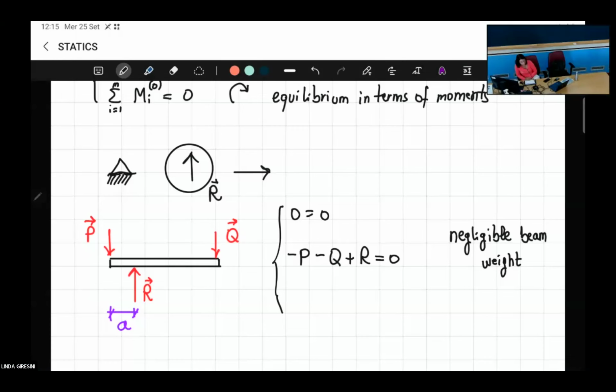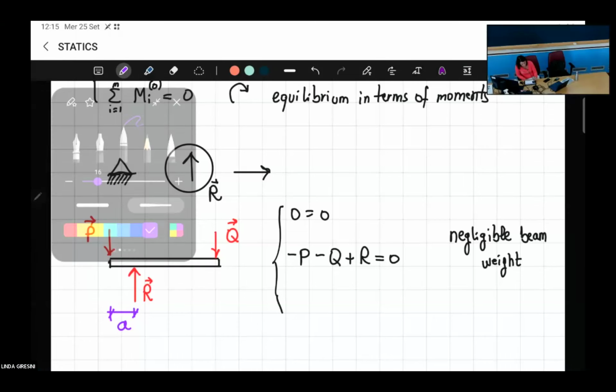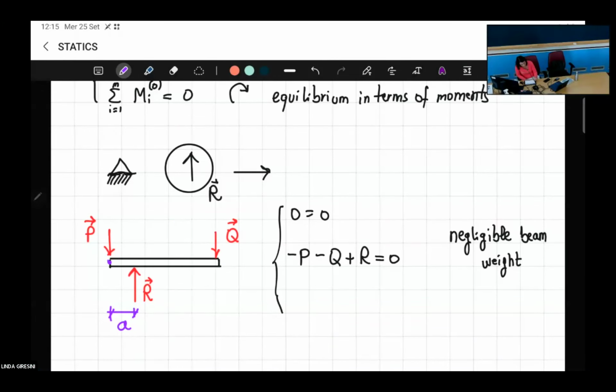Now we have to write the equilibrium in terms of moments. We can choose a pole, for example, either this one, or this one, or this one, or also another point in the middle of the beam. But you have to be clever, you have to be smart.